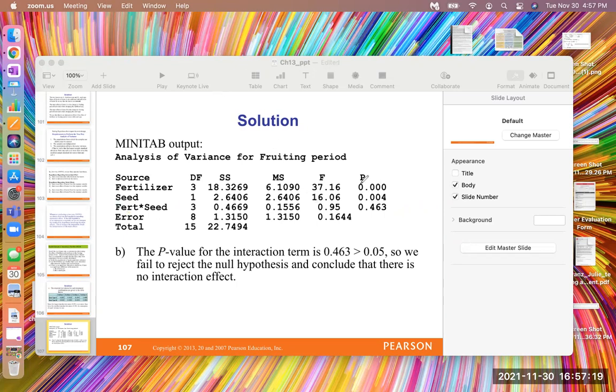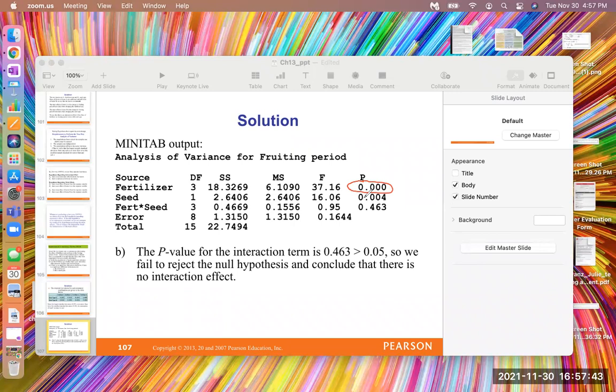So now we focus on the p-value for fertilizer. The null hypothesis is that all 4 fertilizers have basically the same effect on fruiting period. There's no effect of the factor fertilizer.